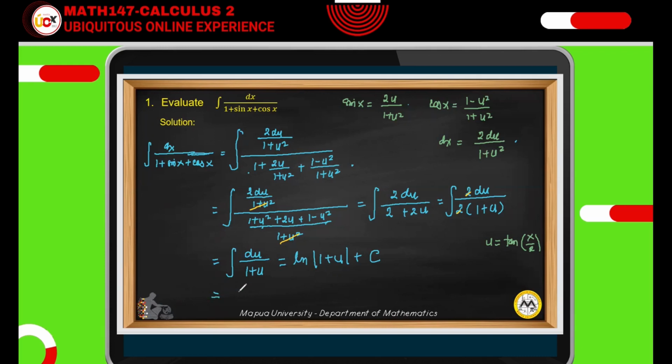Therefore, the integral is the natural logarithm of the absolute value of 1 plus tangent of the quantity x over 2, plus the constant of integration. So we were able to evaluate the integral of rational functions of sine and cosine. Now let us have the second example.